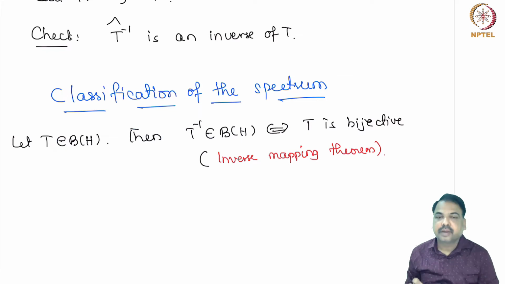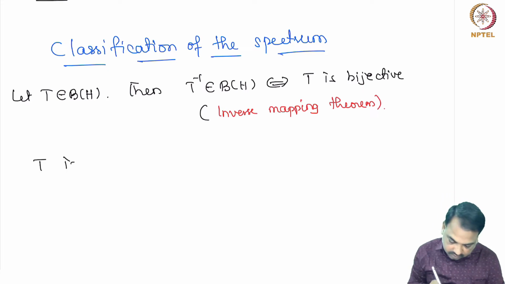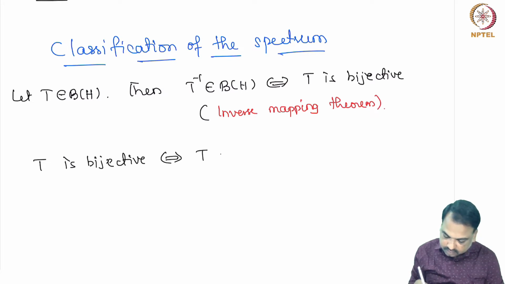Now, in order to look at this bijective property, T is bijective if and only if T is 1 to 1 and onto.